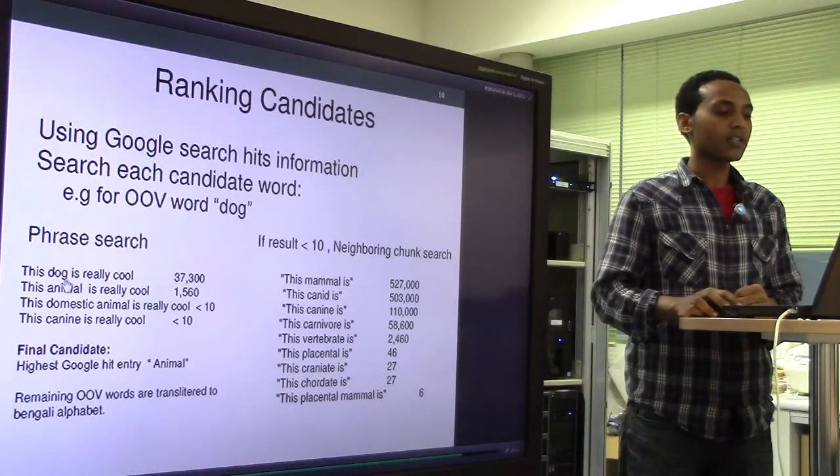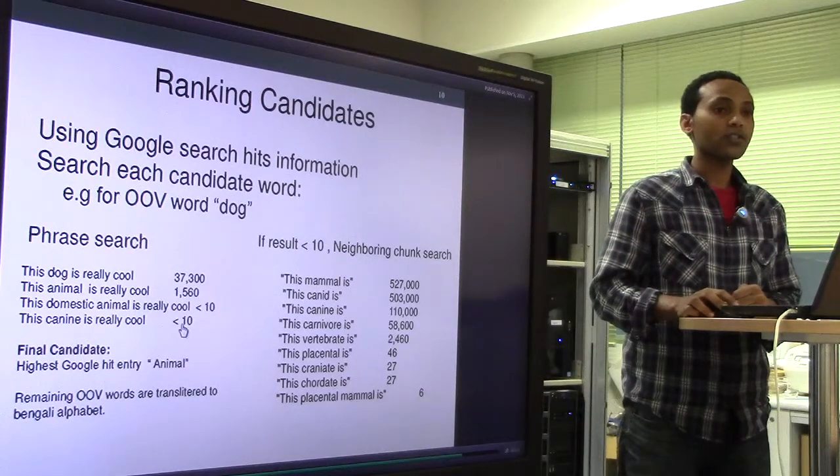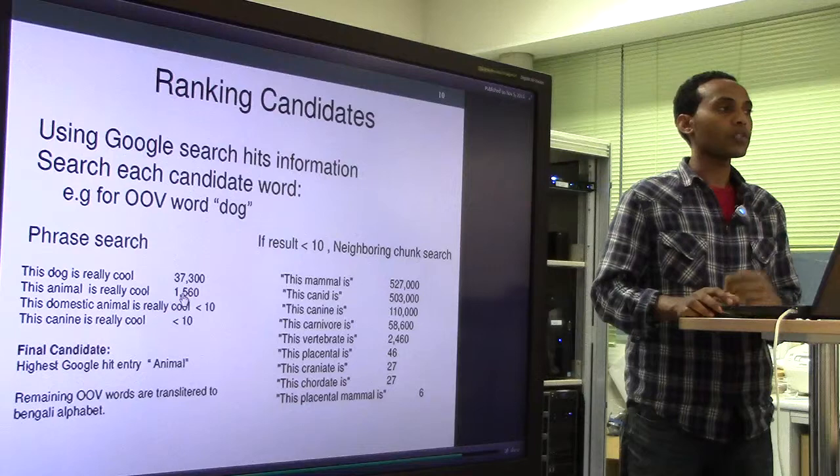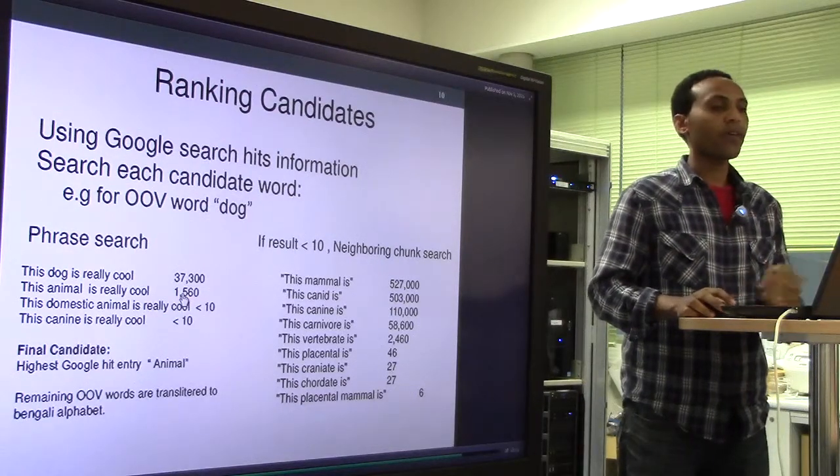So for example, this is the sentence: this dog is really cool. It has 37,300 hits in Google search. So the other highest candidate for this is the animal. So the highest Google hit for animal is this much, and it's better than the others. So it's considered as the most likely translation of the dog.